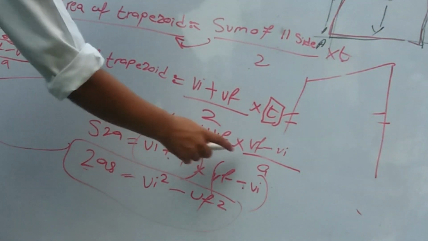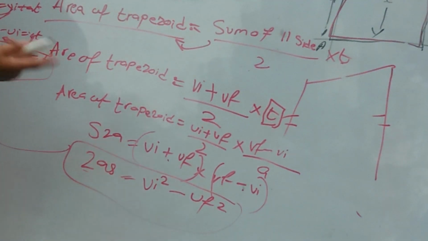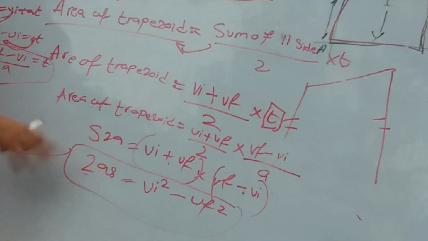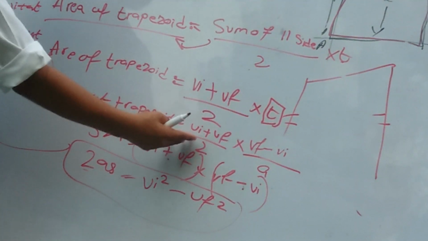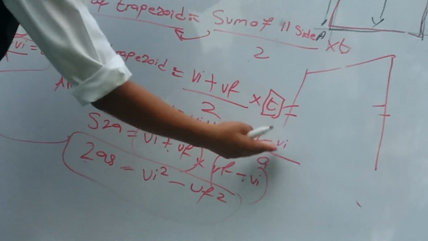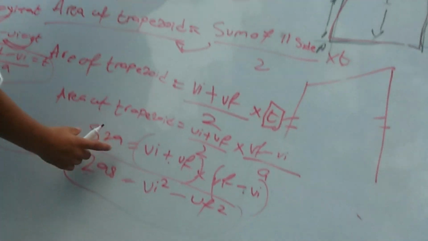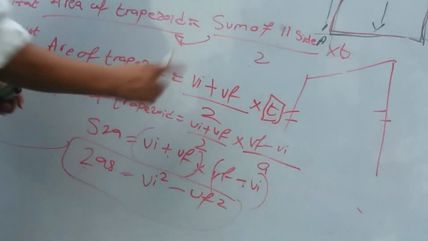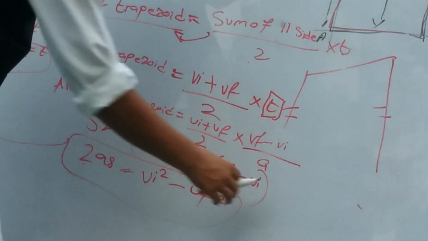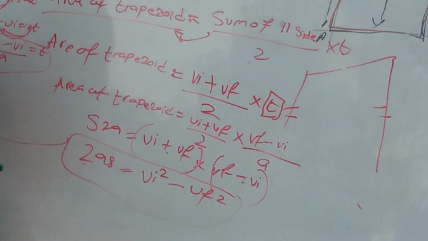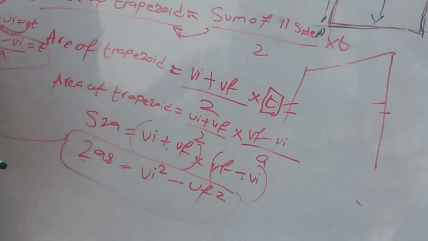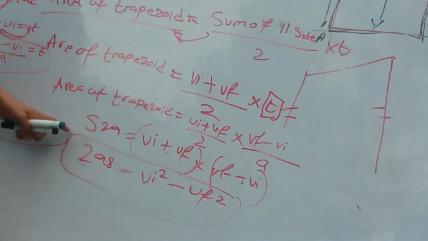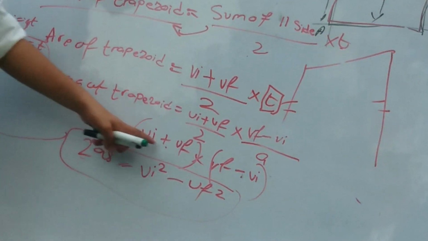The 2 and a are shifted right here, so 2as is equal to Vi plus Vf multiplied by Vf minus Vi. It makes the formula a plus b and a minus b, which gives a square minus b square.